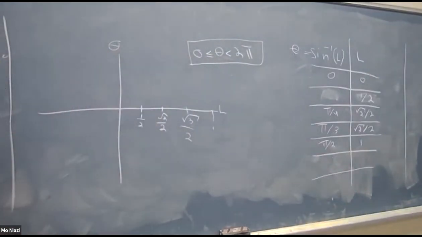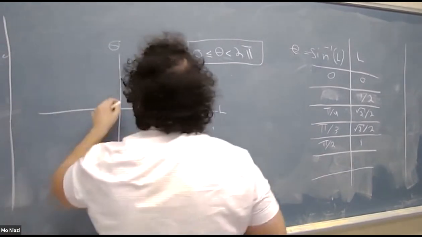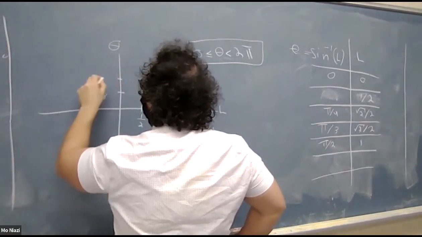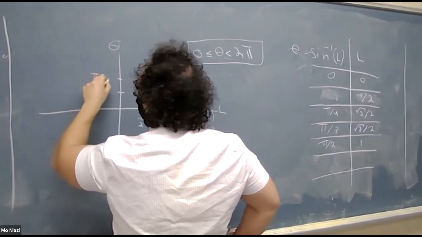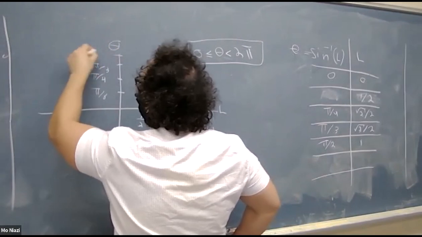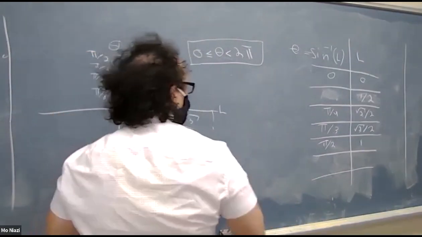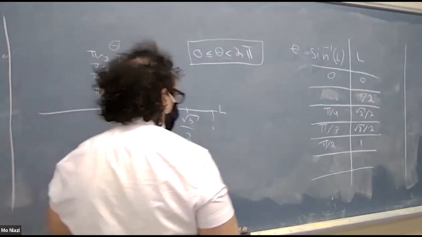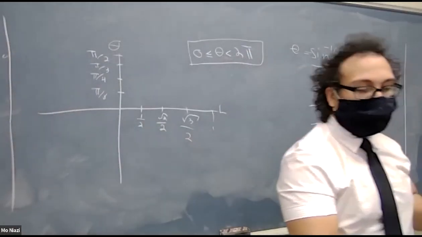Let's say we have that. Then let's pick our angles: pi over 6, pi over 4, pi over 3, pi over 2. So we go to 0, the length 0, the angle output is 0, and we put a dot.